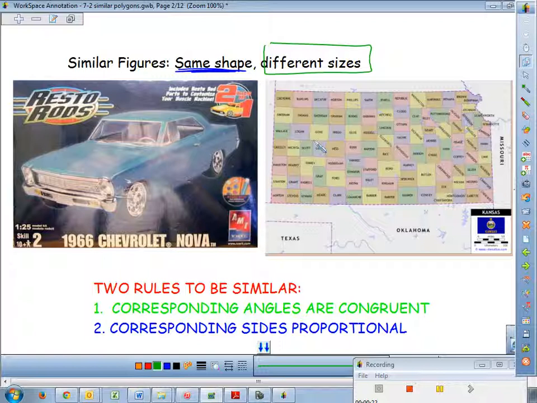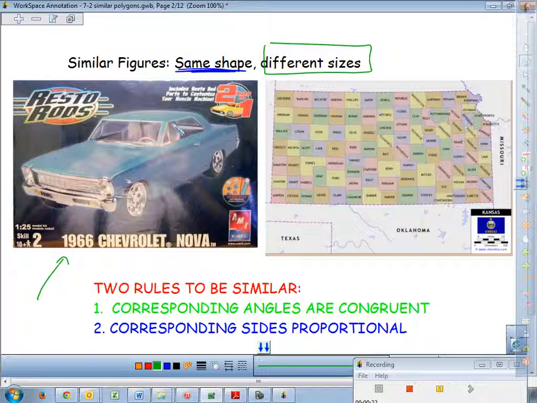So here's some examples, like a model car, right? I don't know if you've ever seen model cars before, if you like to build them, this, that, or the other, but this right here is a model car of a 1966 Chevy Nova. It is the same shape as a 1966 Chevy Nova, but it is not the same size.